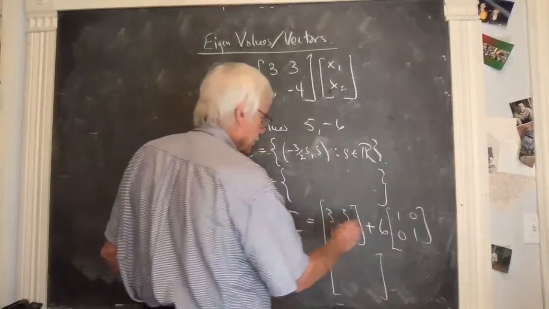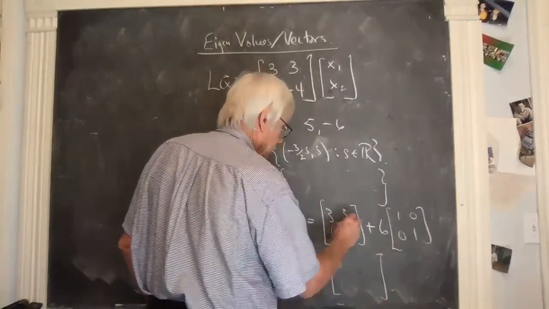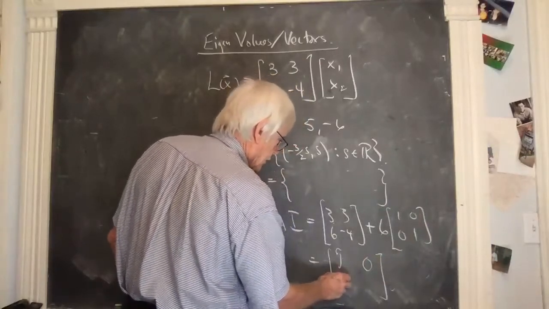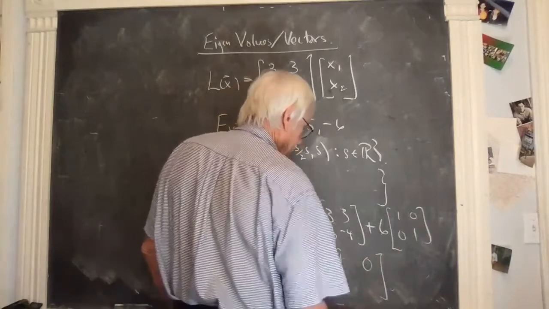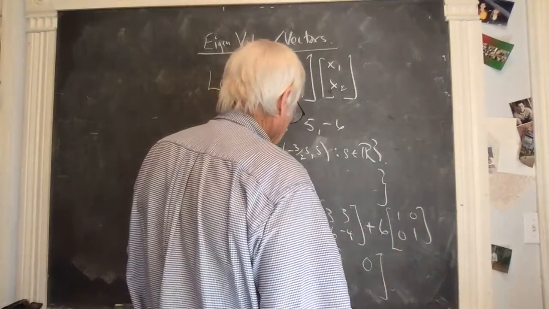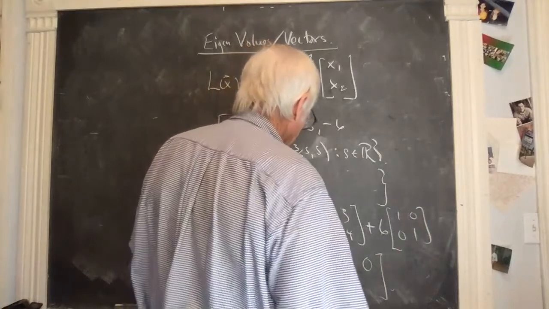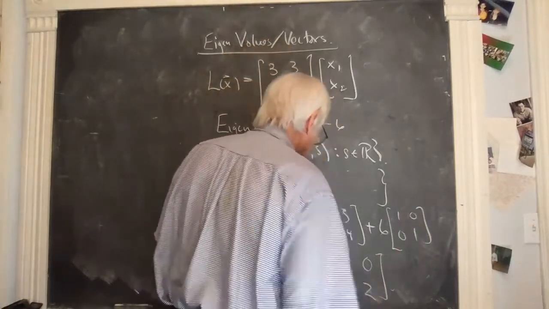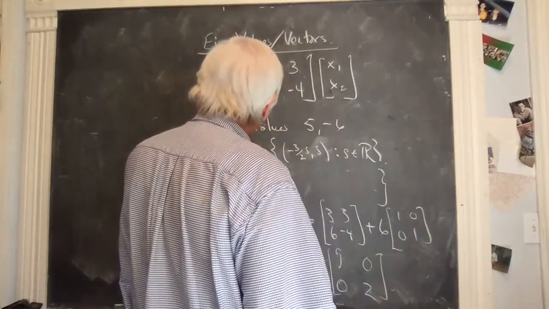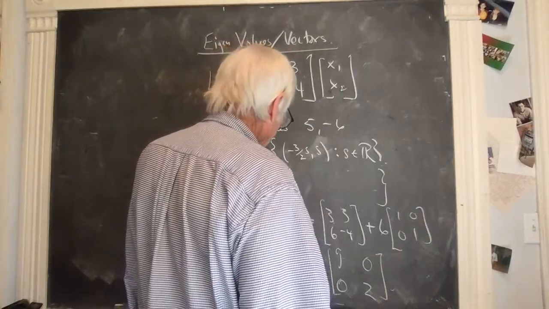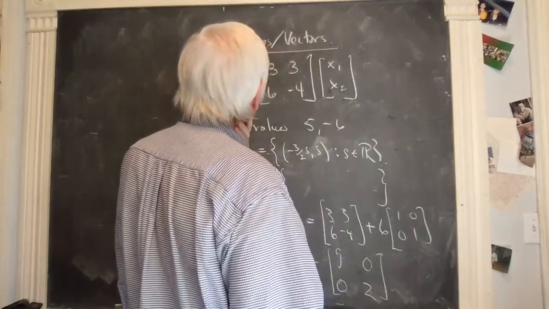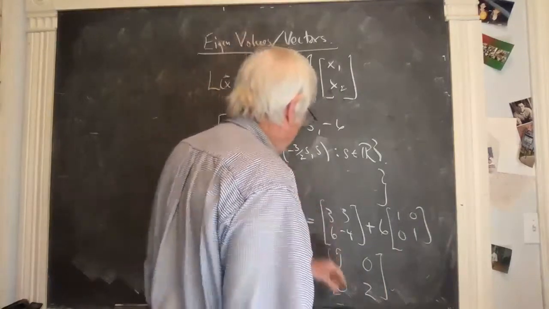Computing by hand, 3 and 6 is 9, 0, and 0. Uh-oh, this doesn't look good. 0, 2. These are linearly independent, which should not have happened. 3, 3, 6, minus 4.